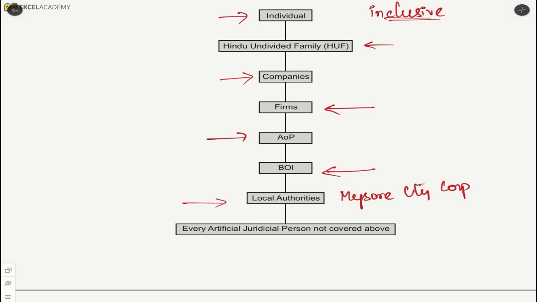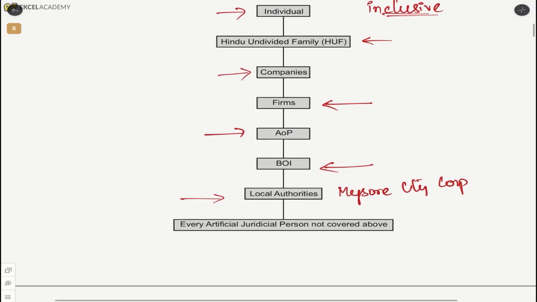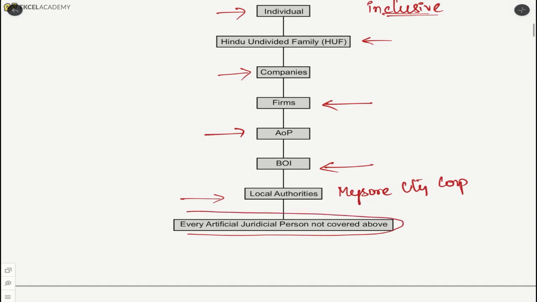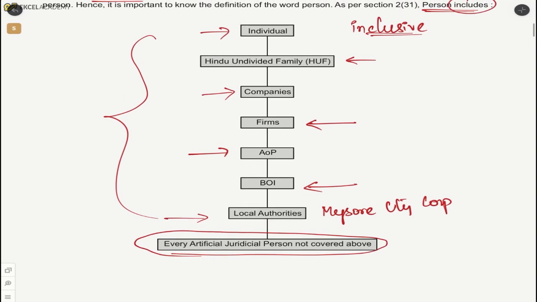So that also comes under the definition of person. Then they say every artificial juridical person not covered above. So if there is any other category which can be classified as person, even that will be categorized as person.